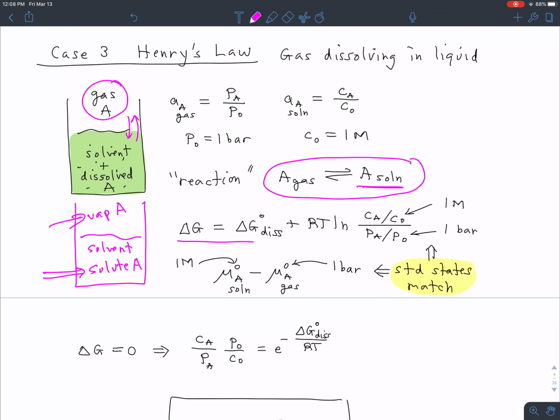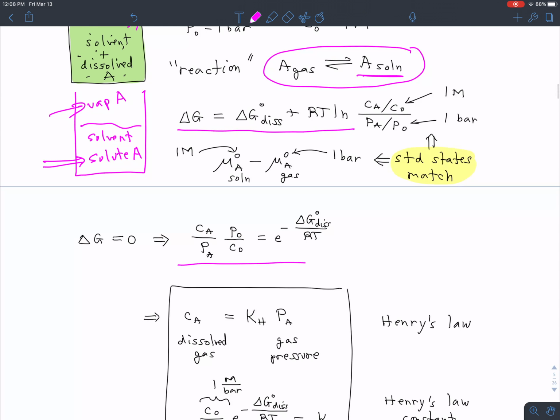And you can write down an equation for the Gibbs free energy change for that reaction. You can derive conditions of equilibrium for that reaction. You can derive an equilibrium constant for that reaction.